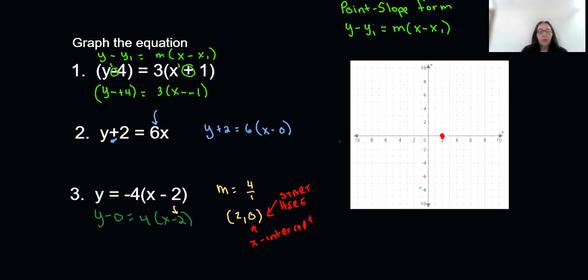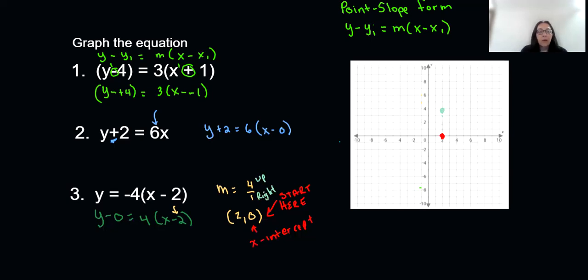From there, what are we going to do? We got to take a look at our slope. It's positive, so we're going to go up and right from the point we just made. So I'm going to go up 4. 1, 2, 3, 4. Boom, that's right there.